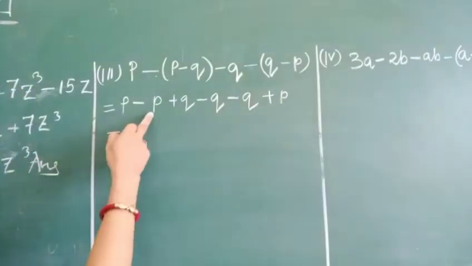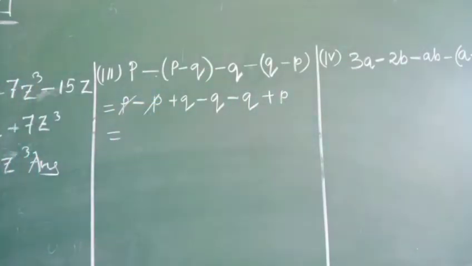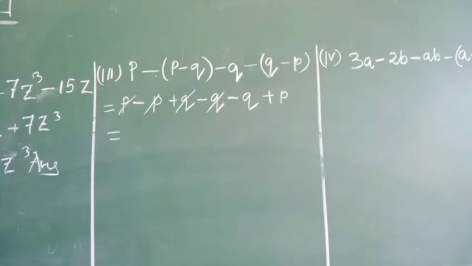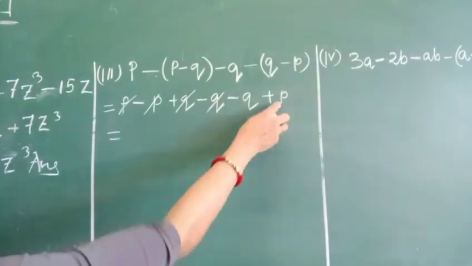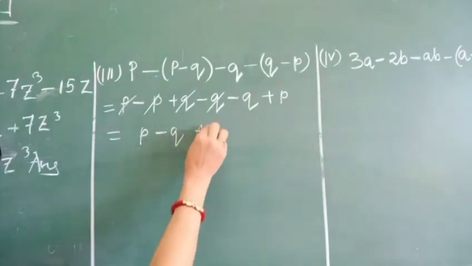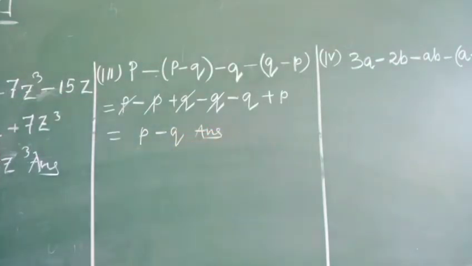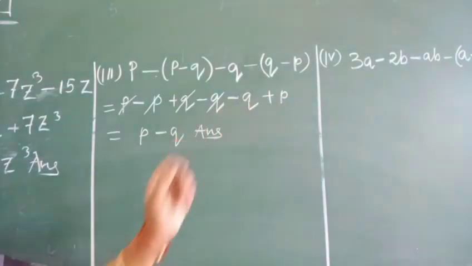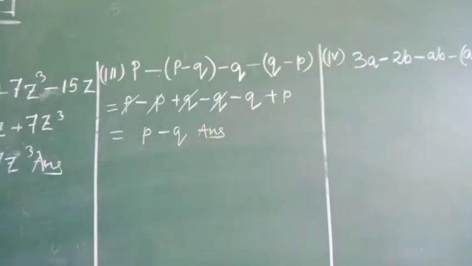Now minus p and plus p, same variable with different sign, we can cancel. Q plus q minus q also cancels out. Now plus p minus q only remain, and this is the answer. Two variables are not the same, so it is p and q: plus p minus q. Okay, now come to the next sum.